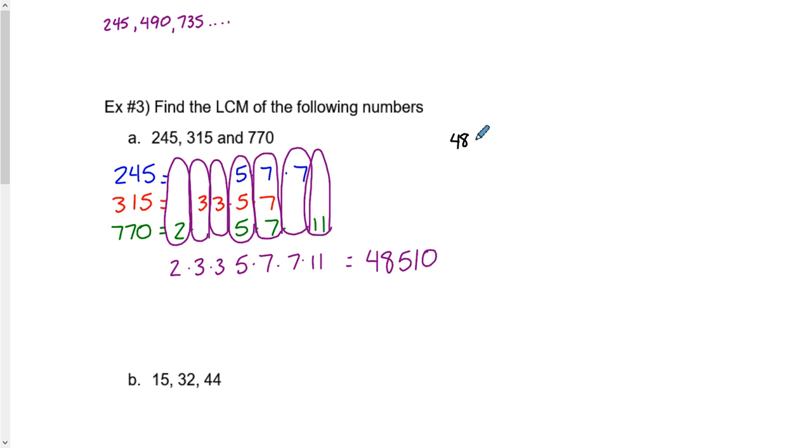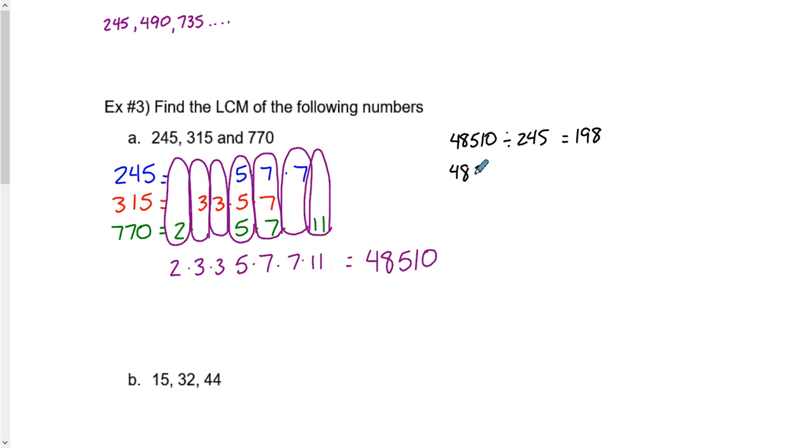At the same time, I can double check and make sure that this all works out. Is it a multiple? Well, if I divide it by 245, it comes out as a whole number.